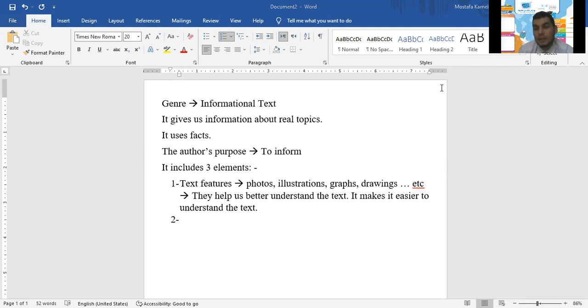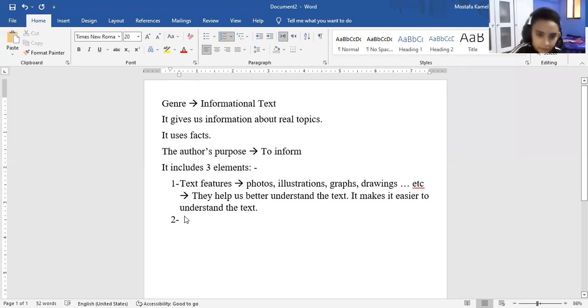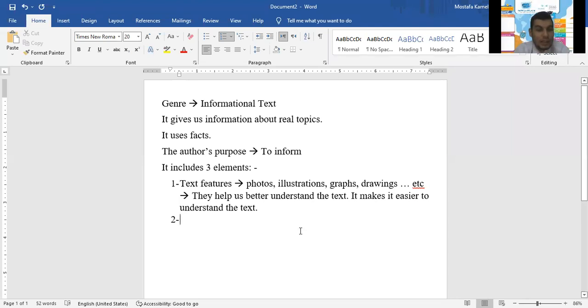Muhammad Magdi, I'm sorry, I didn't know at the first. No problem at all. Muhammad Magdi, what is the second thing? After the text features, we said that it includes 3 elements. Mr., the sound stopped. There's no sound. Muhammad, are you here? Okay, so Muhammad's not here.